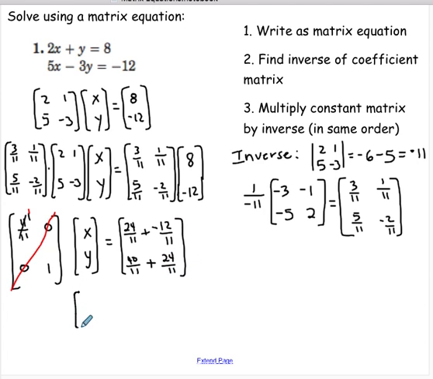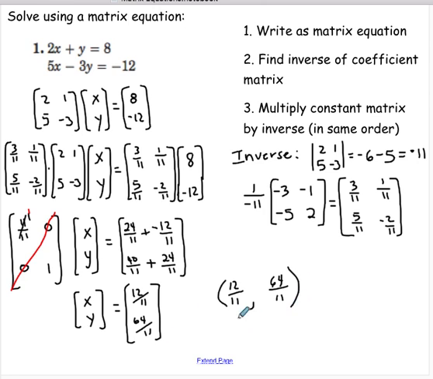So in other words, x, y is equal to 12/11ths and 64/11ths. Okay. So my x value for my system is 12/11ths, and my y value for my system is 64/11ths.